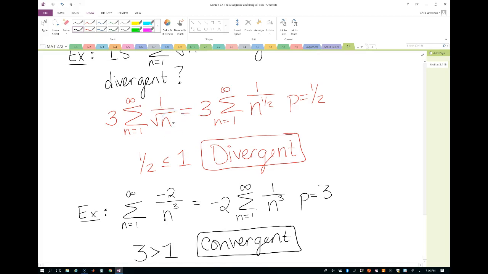Because it just kind of meanders and slowly goes to 0, that extra time it takes for the values to get smaller and smaller allows our sum to accumulate to infinity. But with n cubed in the denominator, those overall values of 1 over n cubed are going to get smaller much, much quicker. And because of that, we're able to cut this sum off pretty quickly and allow it to eventually stop somewhere. And that's what makes it convergent.